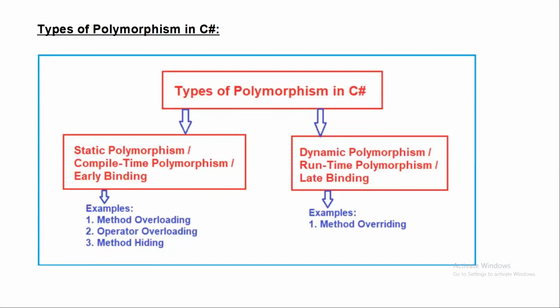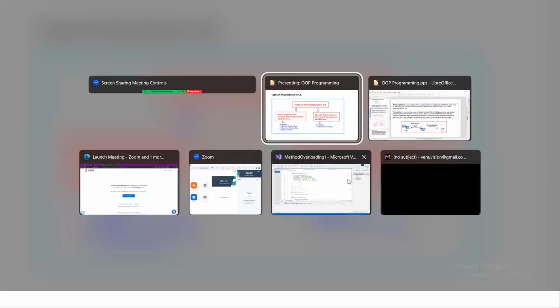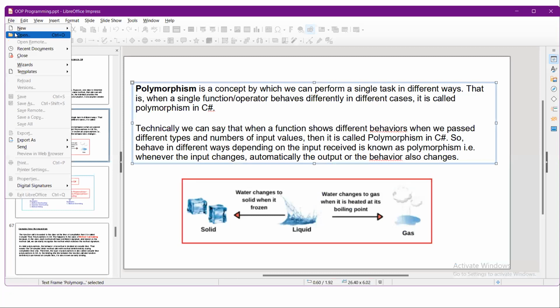Okay, so method overloading and method hiding predominantly come under static polymorphism, whereas overriding comes under dynamic polymorphism. So let me tell you, let me launch Excel.